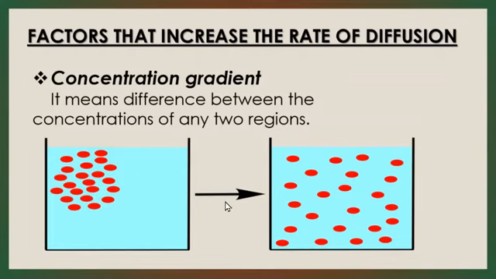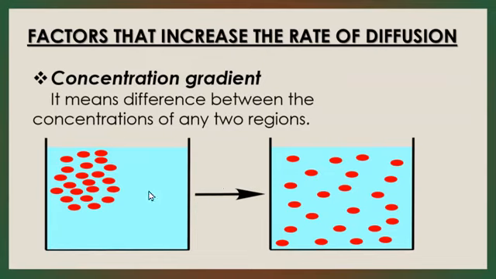So the diagram explains it better. This is the first region of high concentration of molecules, or high amount of molecules in a given volume of liquid. And this is the second region of low concentration of molecules.